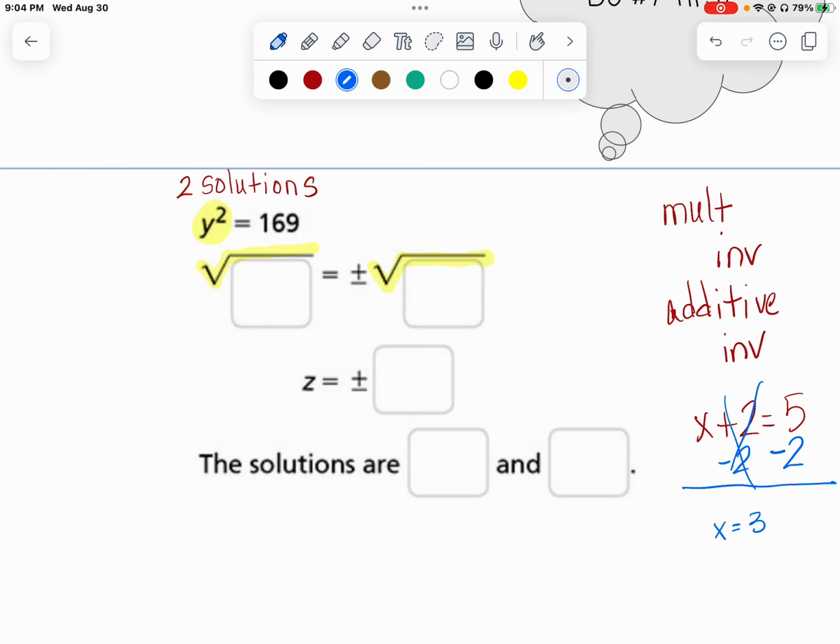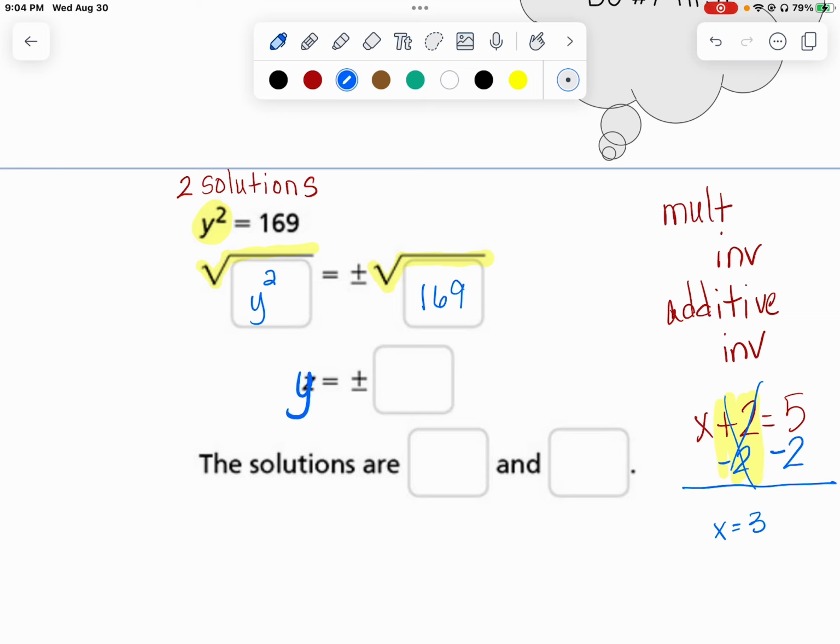But the whole point of this process here is to highlight how you learned to do inverse operations to get your variable by itself. Well, this time our inverse operation is an exponent of 2. And whatever you do to one side, you've got to do to the other.